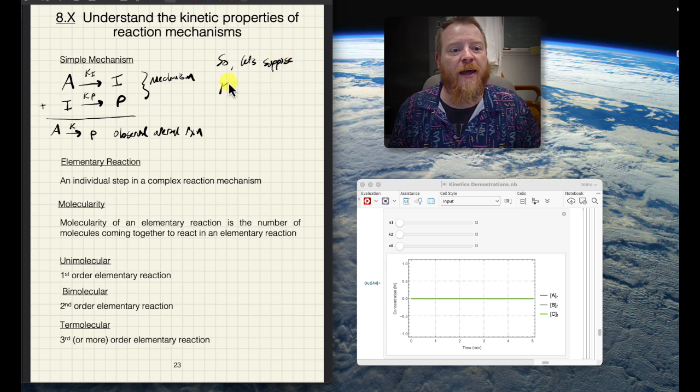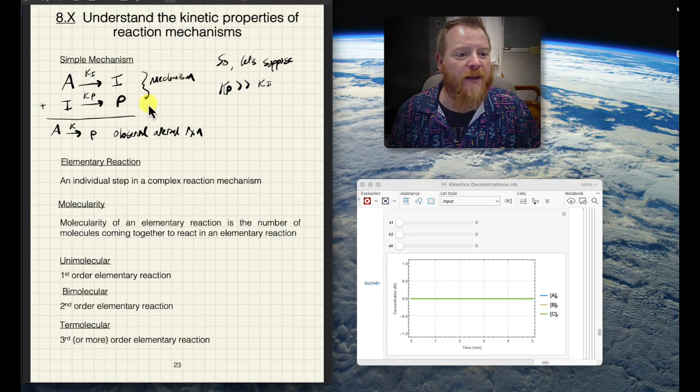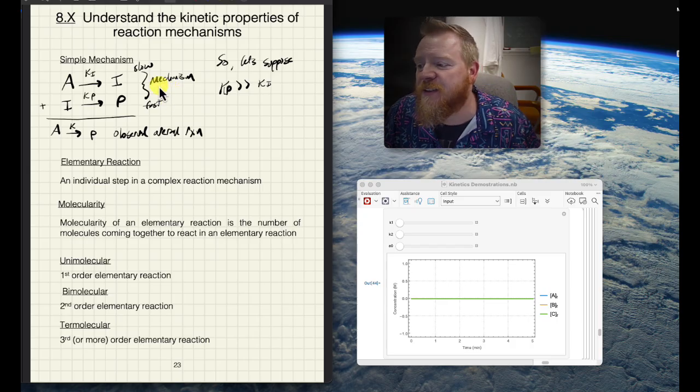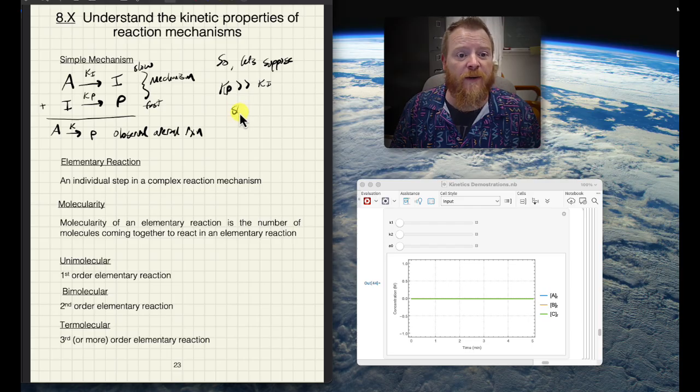So let's suppose that Kp is much, much greater than Ki. So in other words, this bottom step, the last step, is fast, and the first step is slow. So what that tells us then, the first step is rate determining. Slow step is rate determining.